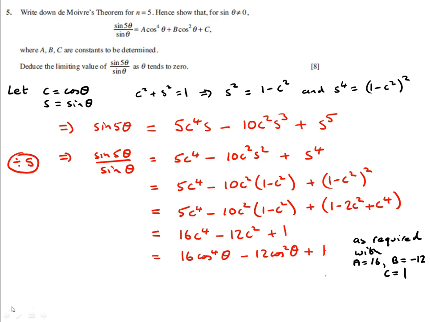Now we want to consider what happens as θ tends to 0. Well, as θ tends to 0, we know that cos θ tends to 1. So therefore, 16 cos to the 4 θ minus 12 cos squared θ add 1 is going to get closer and closer to 16, take away 12, add 1, which is equal to 5.